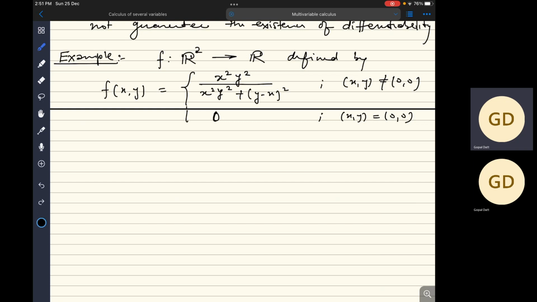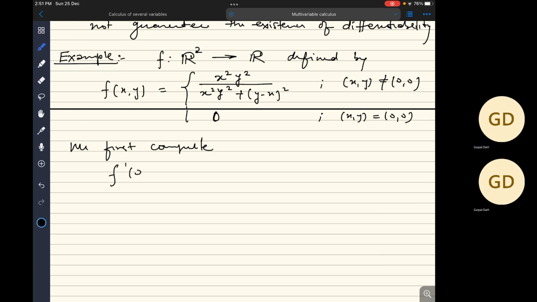So for this, let me first compute f dash 0 u, where u is (u1, u2), a non-zero vector.